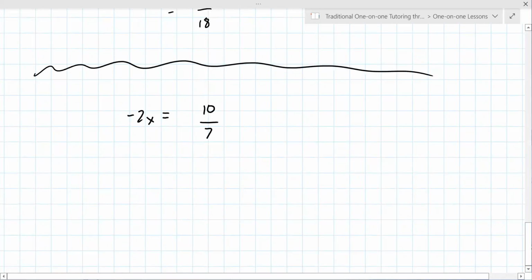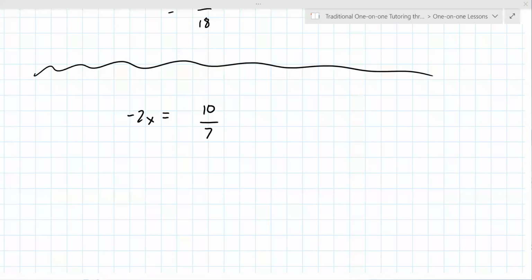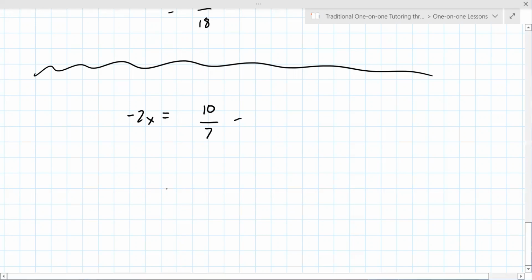So give that a try, please. Negative 5/7. Yes, x is negative 5/7.